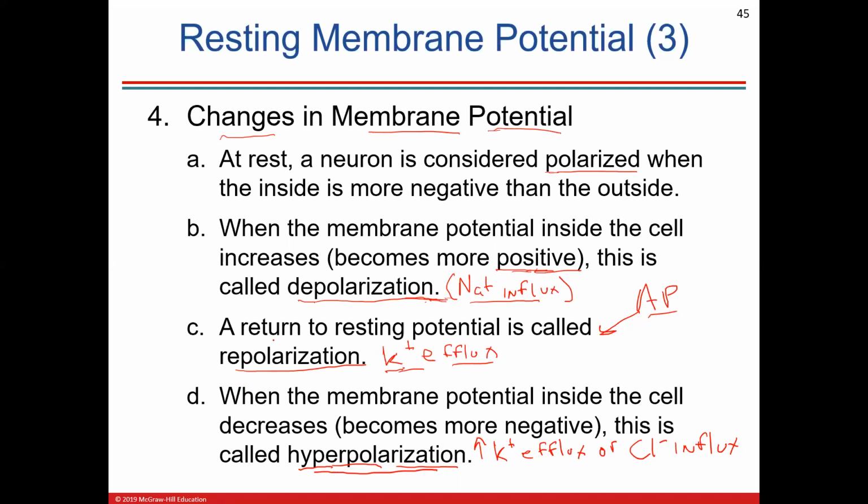So you're going to see that to get an action potential, you have to have depolarization to about minus 55 millivolts. And that's the threshold.